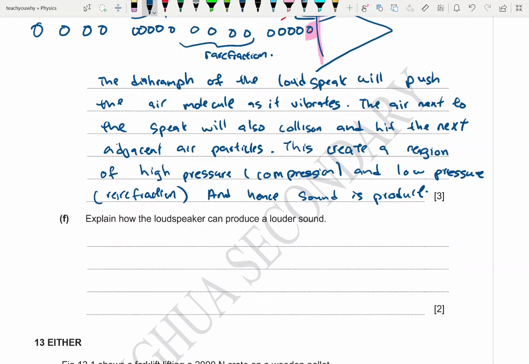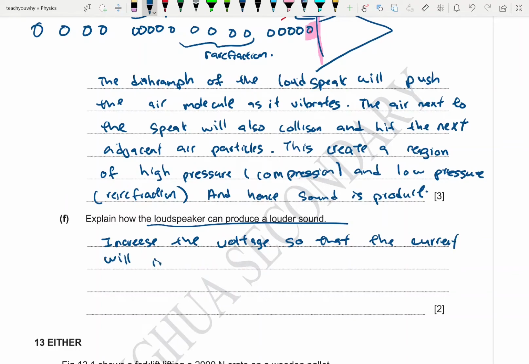Okay, so explain how the loudspeaker can produce a louder sound. So what we can do is increase the voltage so that the current will increase.